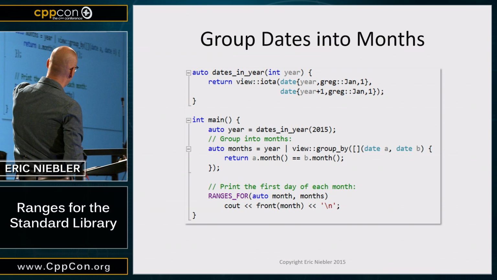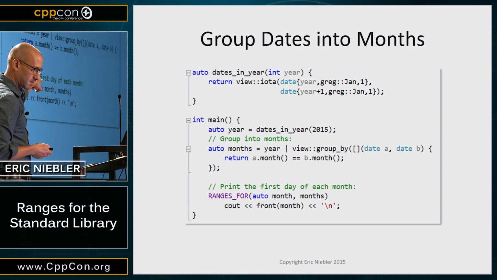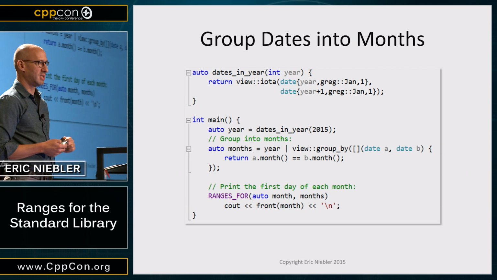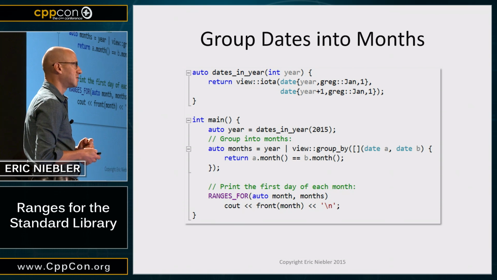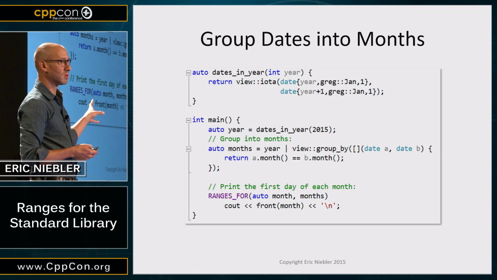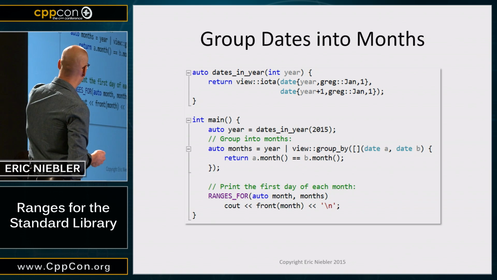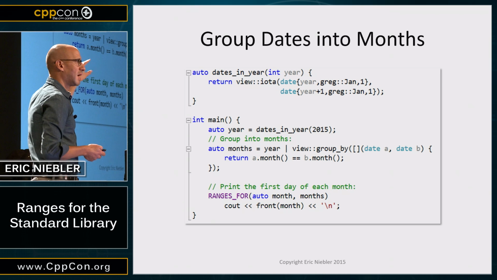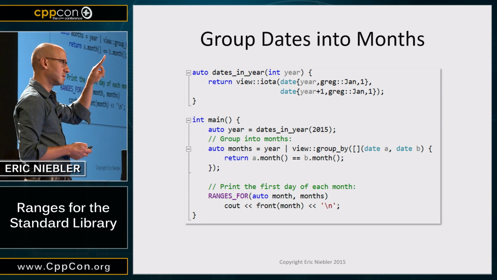Now, this last line here, the range for, we loop over all of the months, and then we print out the first day in each month. Now, I've gotten questions about why I don't use the range for loop here. And the reason is because, as it turns out, the months object has an end iterator that isn't actually an iterator, it's a sentinel.